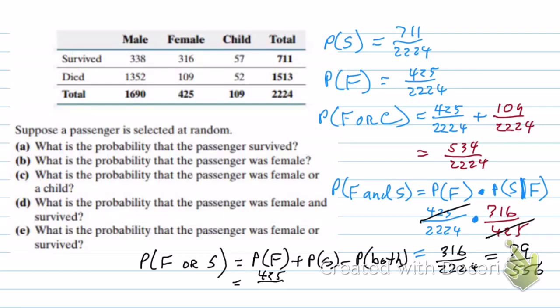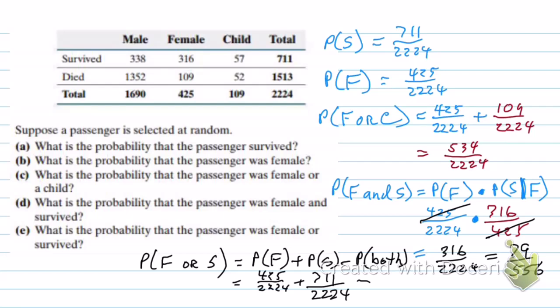All right, so I've got still 425 out of 2224. What's the probability of survivor? Well, we did that. That's the first thing, 711 out of 2224. Minus the probability of both. Well, let's see.